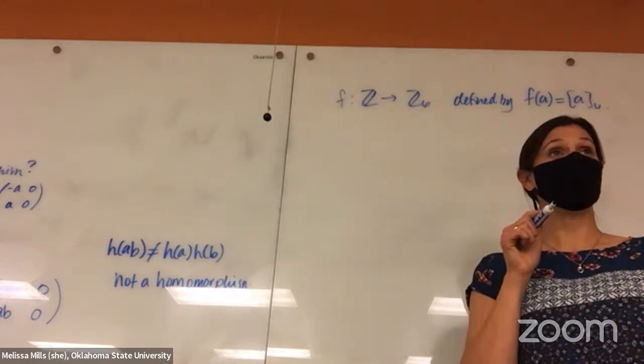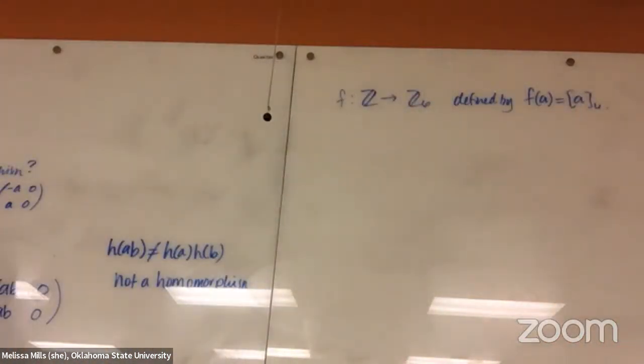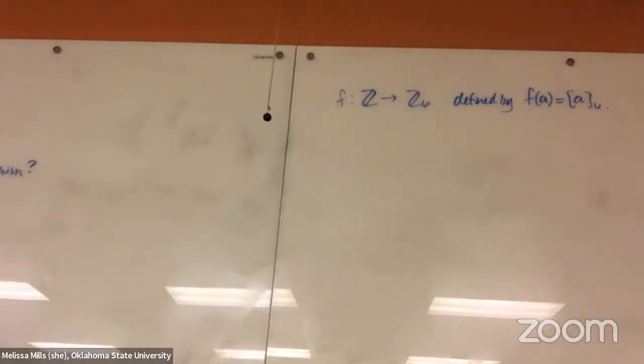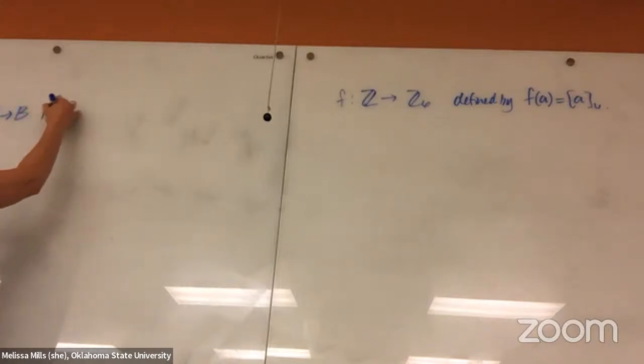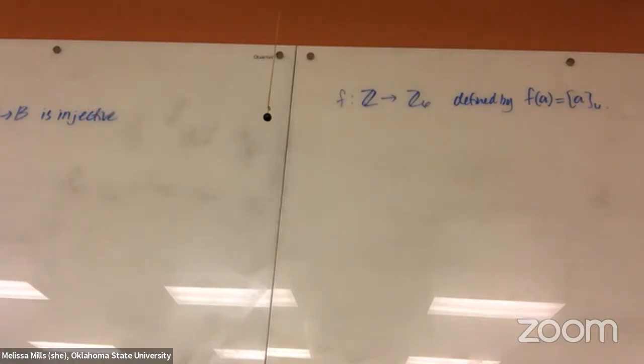Maybe we should define them. You want to define injective and surjective? We haven't thought about them in a little while. Let's define this. You're right, Zach, but let's talk about why. So injective means that a function from set A to set B is injective if and only if, okay, maybe I should use the exact definition from the textbook.